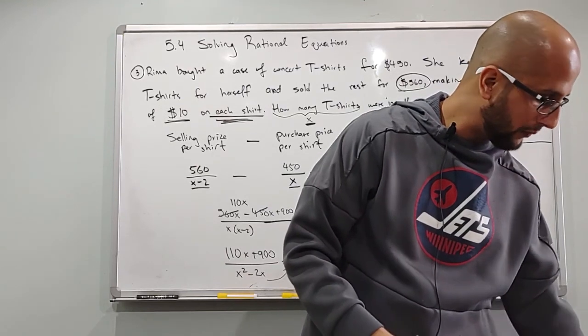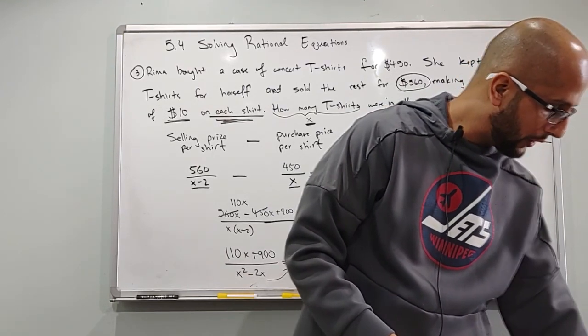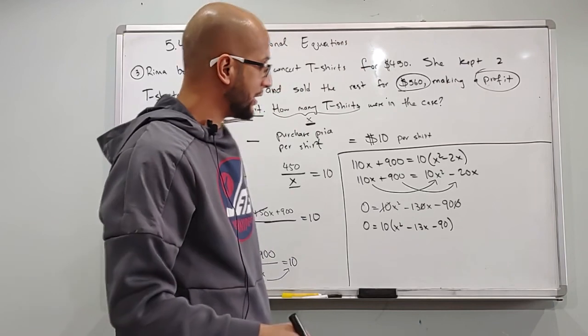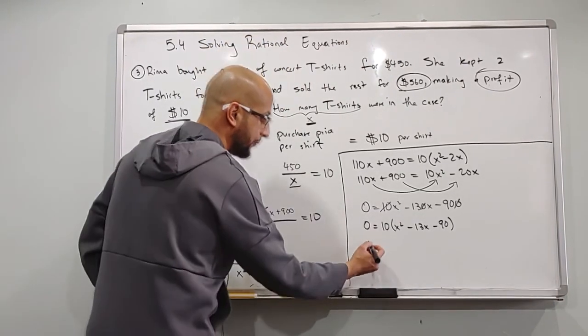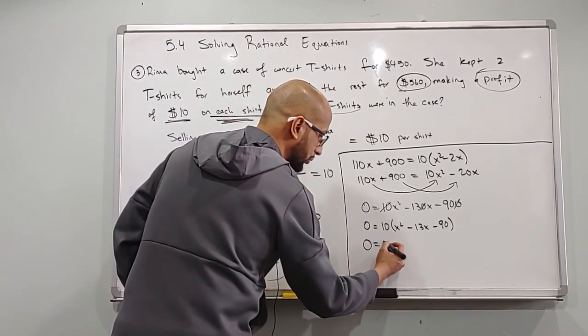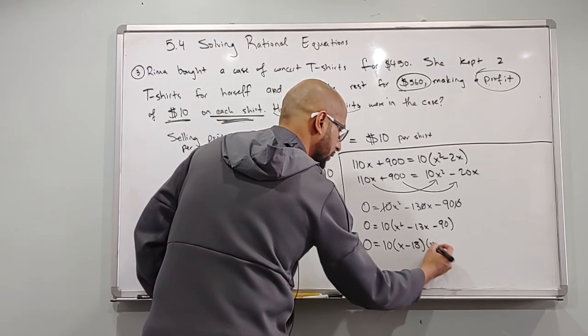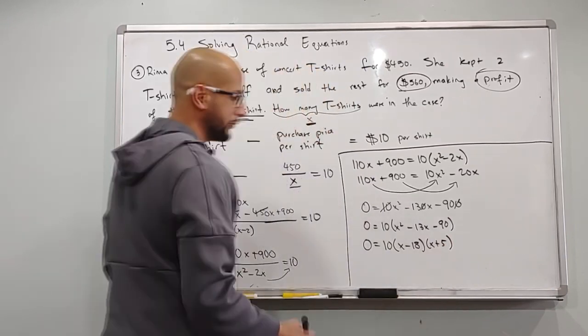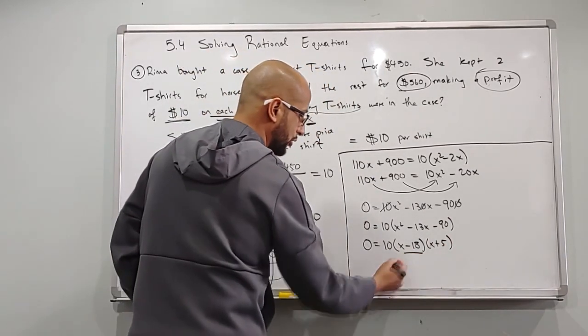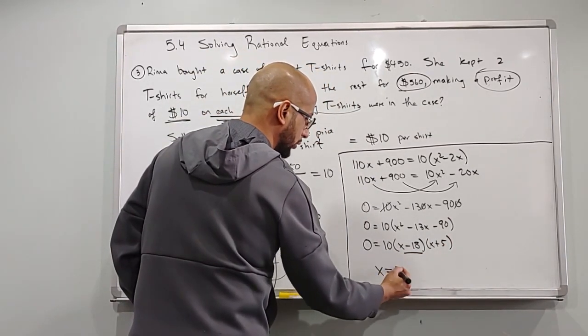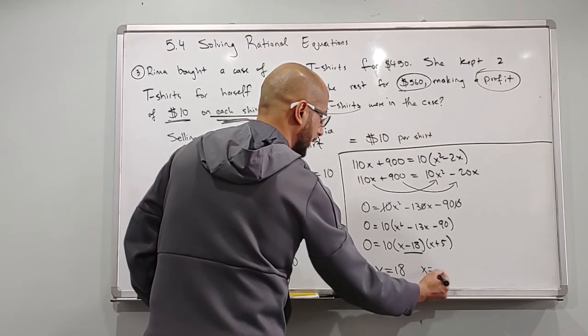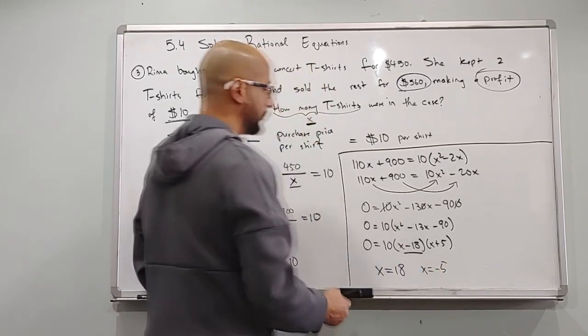For the interest of time, I'm going to cheat and look off of here, and those two numbers would be negative 18 and positive 5. So we have 0 is equal to 10 times x minus 18, x plus 5. And finally, your solutions would be x is equal to 18 and x is equal to negative 5.